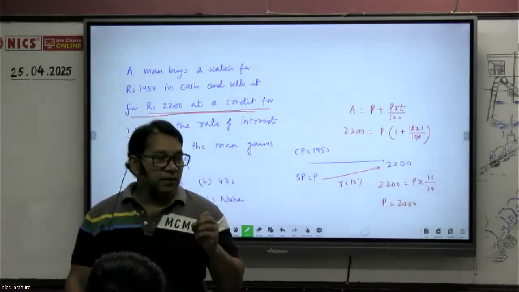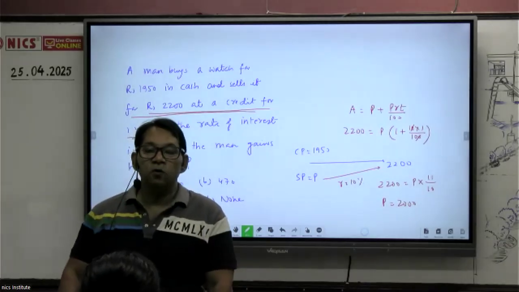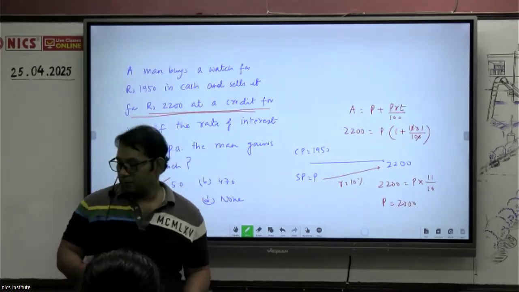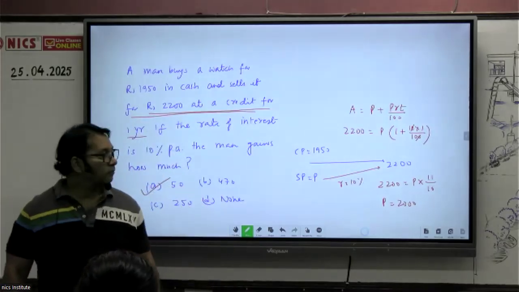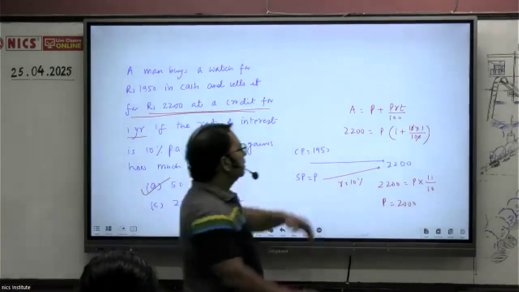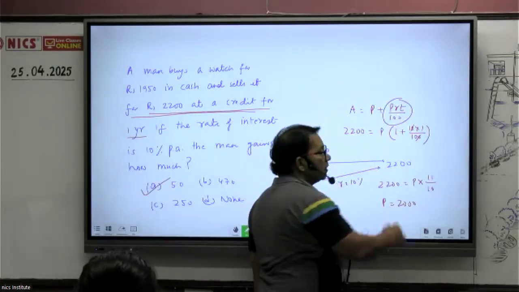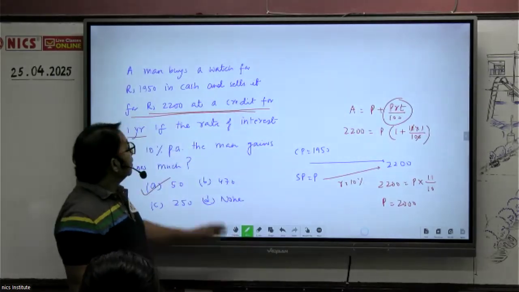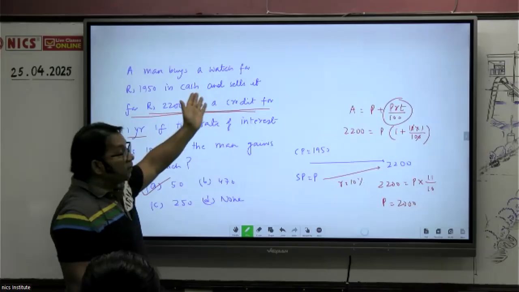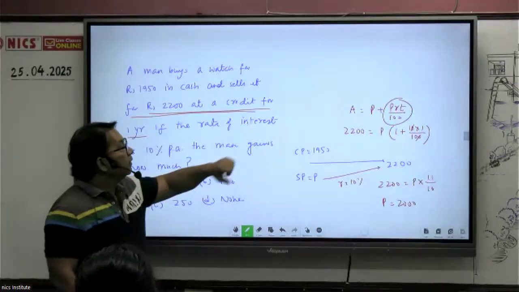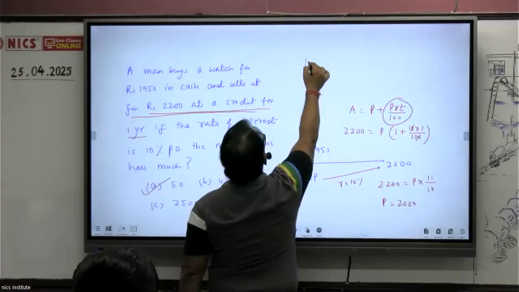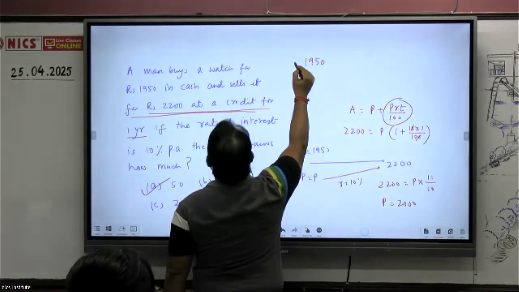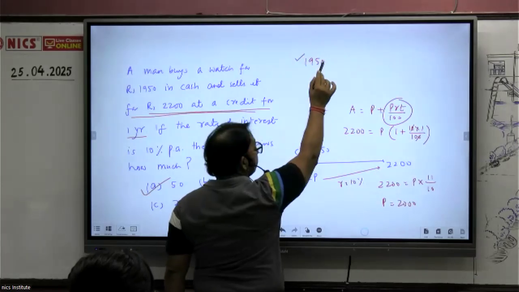Suppose you sell something for 100 rupees and somebody says, I'll pay you 10,000 after 100 years. What is the worth? We have added this interest. Because you're getting 2200 after 1 year. Suppose you buy something for 1950.